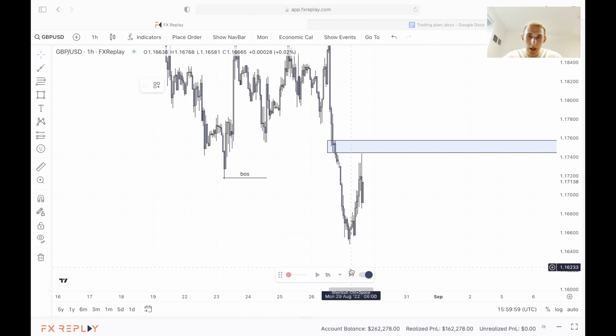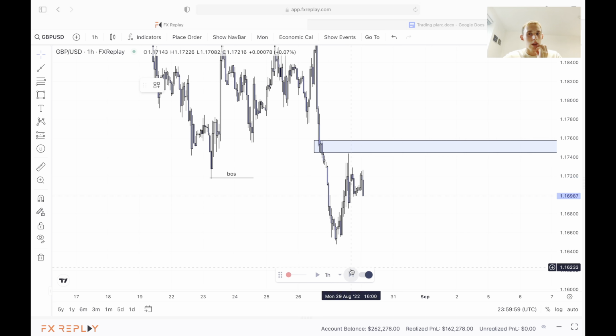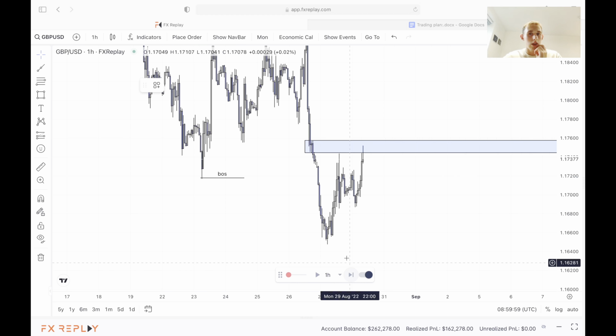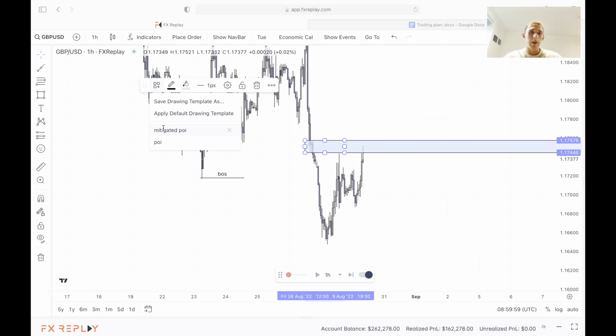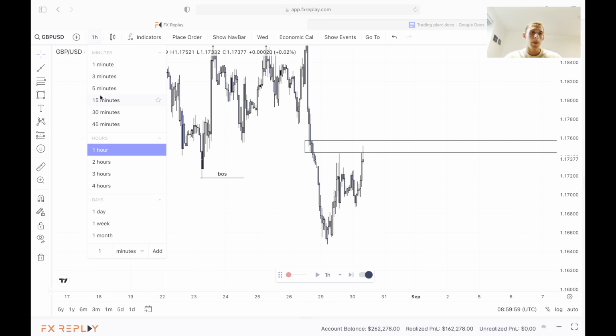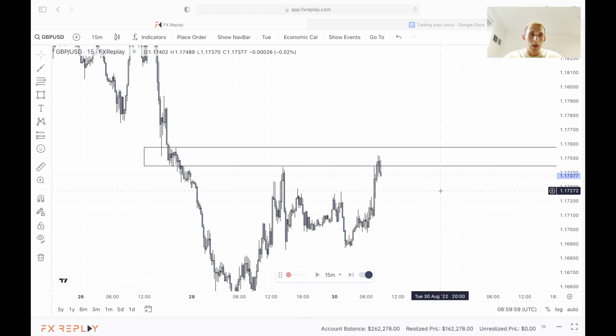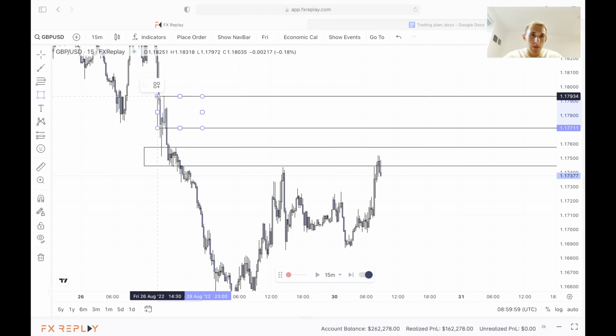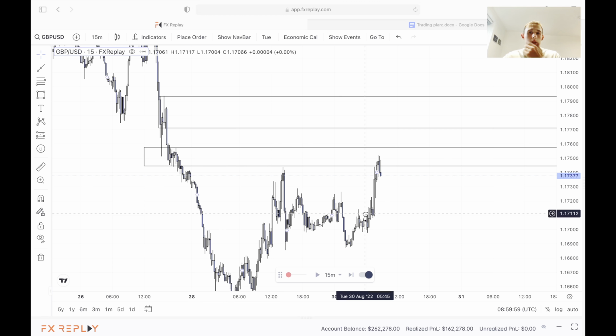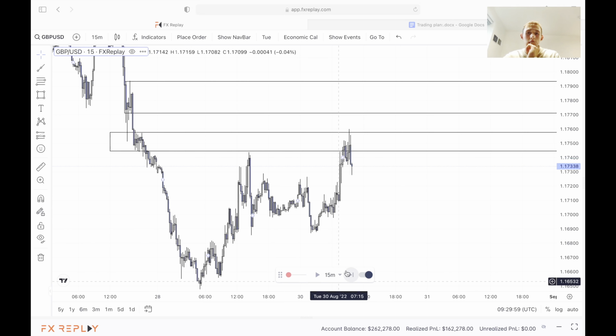Price pulls back. There we go, let's see what happens in this level. Or equivalently, we also have this 15-minute zone. Let's see which one reacts.